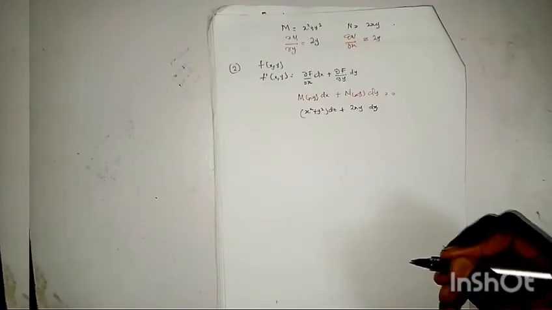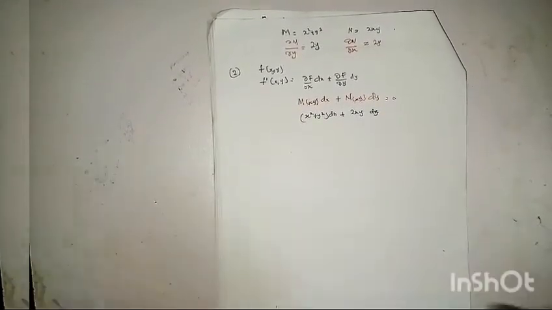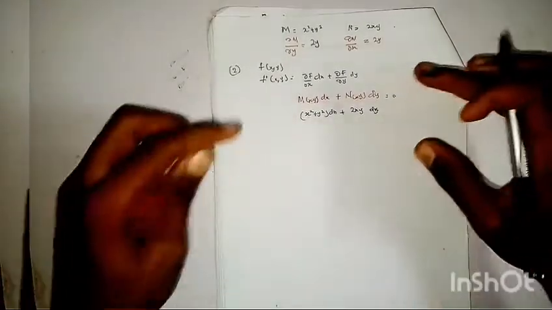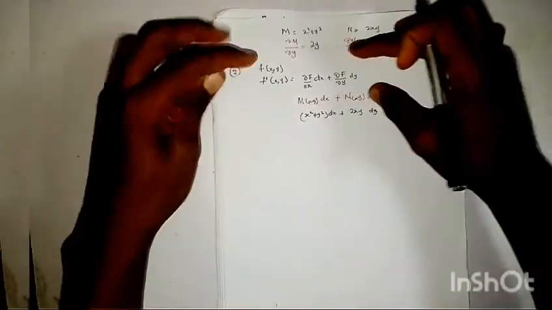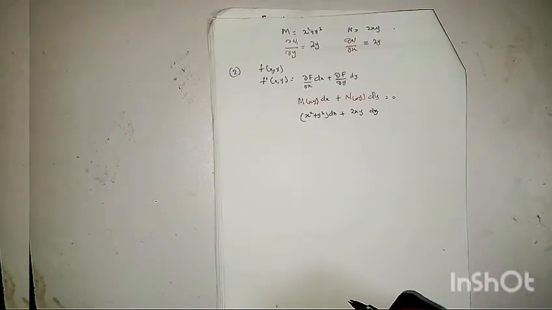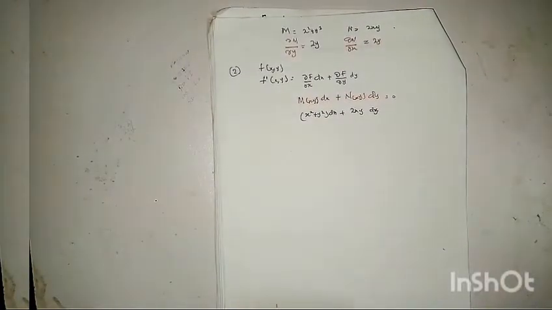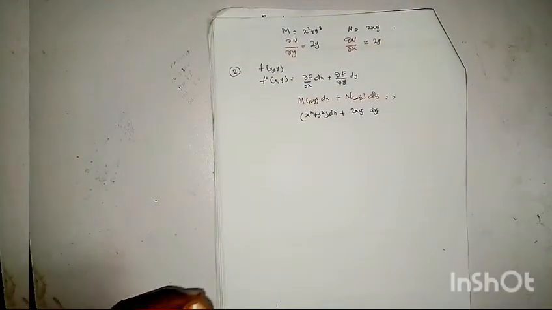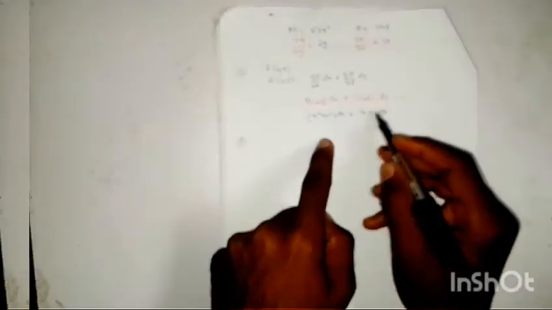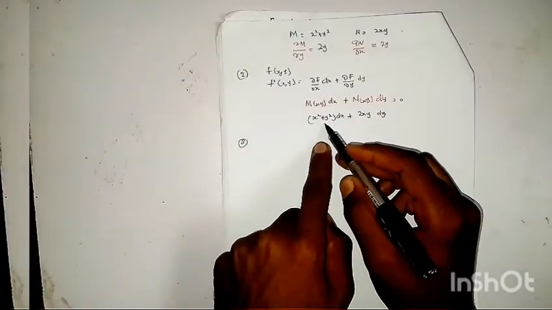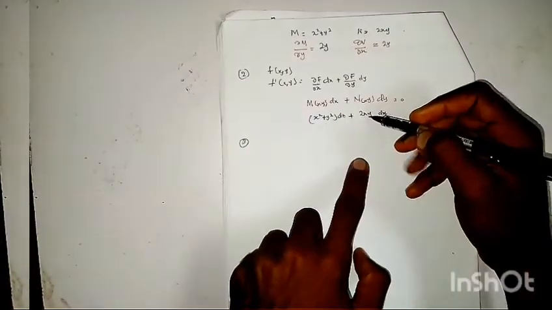So now, your third step, after you have easily gotten the expression for your equation, is to take either M and equate it with df/dx, or N and equate it with df/dy.